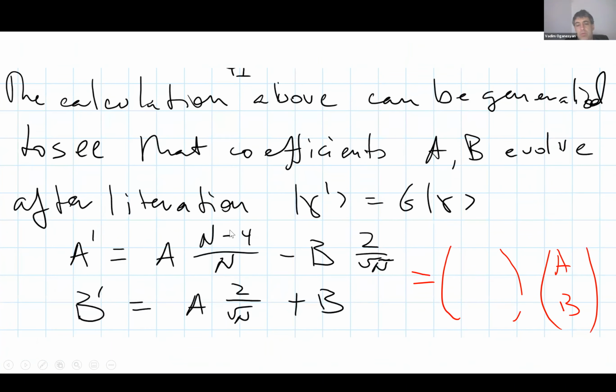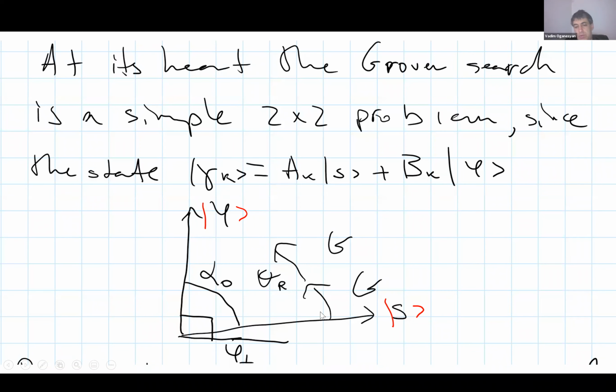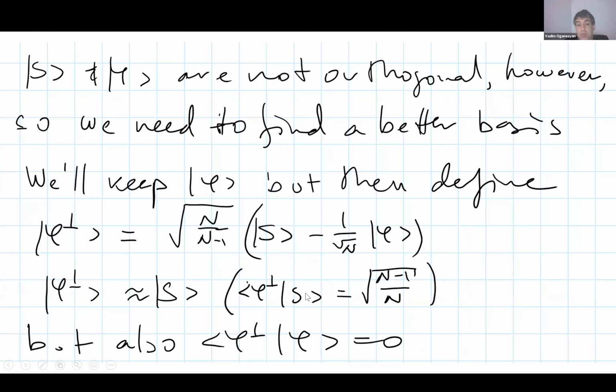Well, from the picture here, because we know what this angle is, we know that these things are almost orthogonal. So let's keep phi, because that's kind of like what we want in the end. And let's define a vector phi perp, which is going to be basically take S and make it orthogonal to phi by subtracting off a bit of phi that's in it.